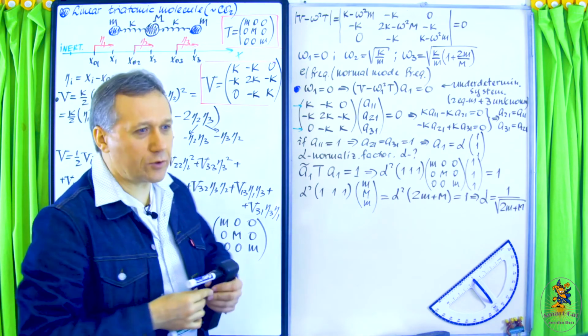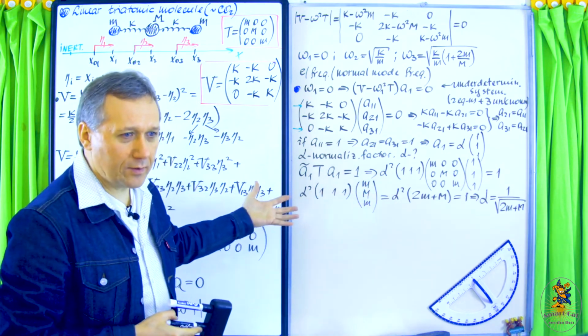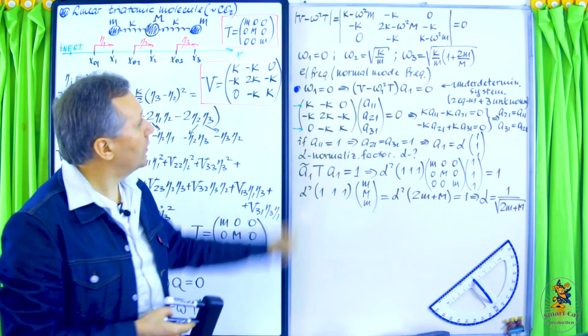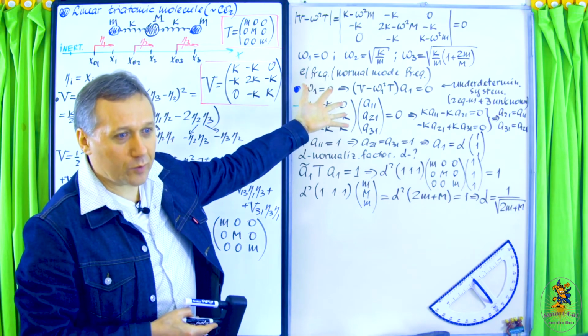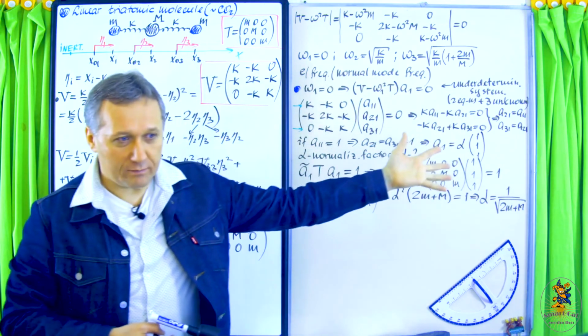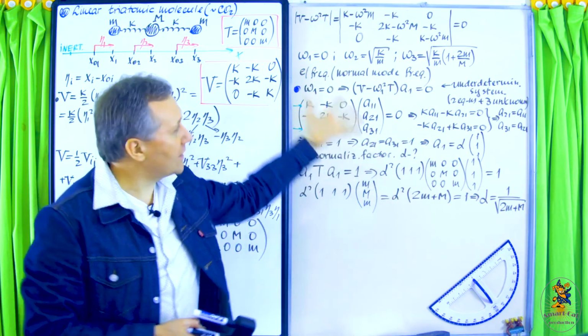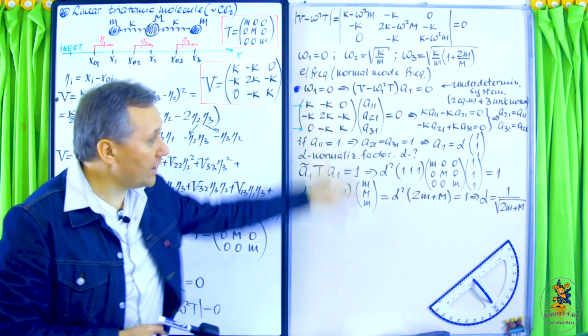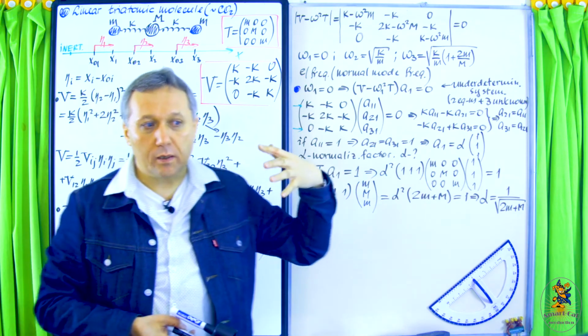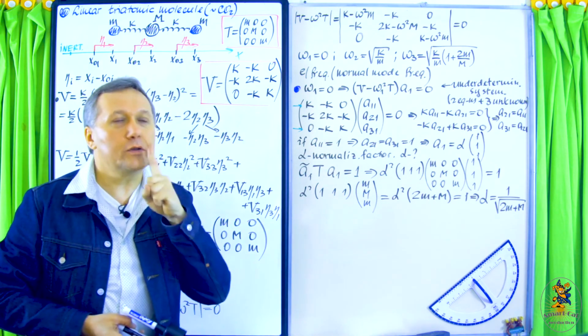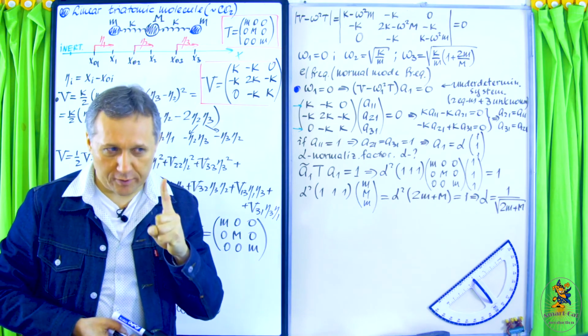Yeah, and I forgot to mention the great news. When we wrote down these eigenvalues, our frequencies of normal modes, there is no degeneracy. It's great news, right? So you don't have to drag some of these eigenvectors through the Gram-Schmidt procedure in an attempt to make them orthogonal to each other.